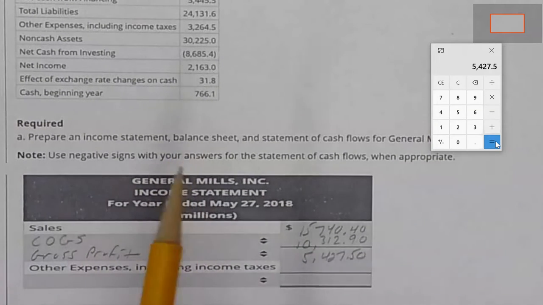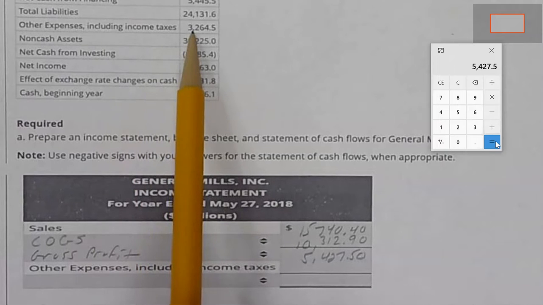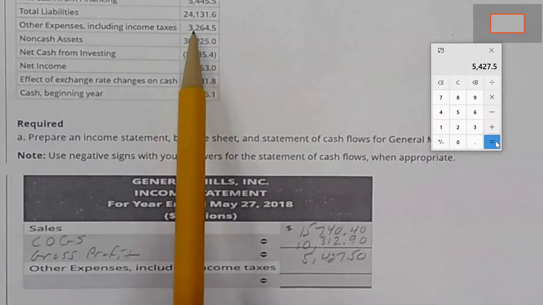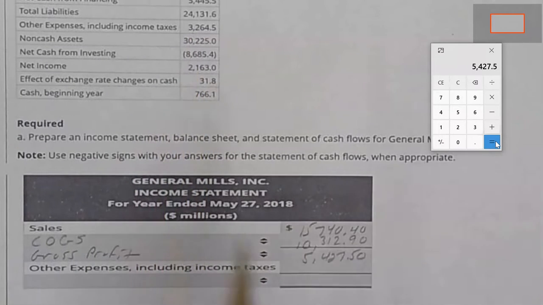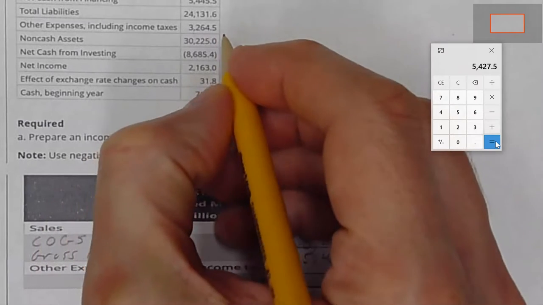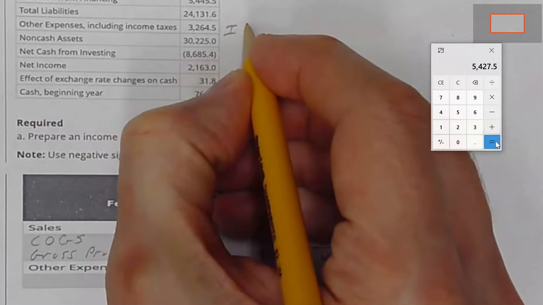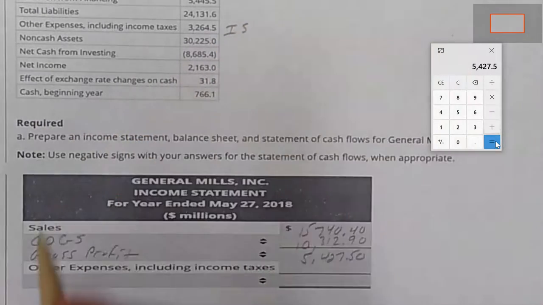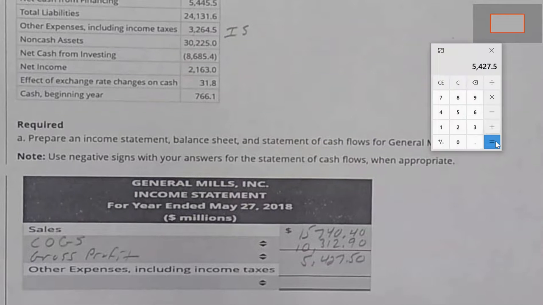Here it is: 3,264.5. I'm going to label this as income statement, so whenever I come back and look at this later, if I don't know where that goes, I gave myself a little hint.